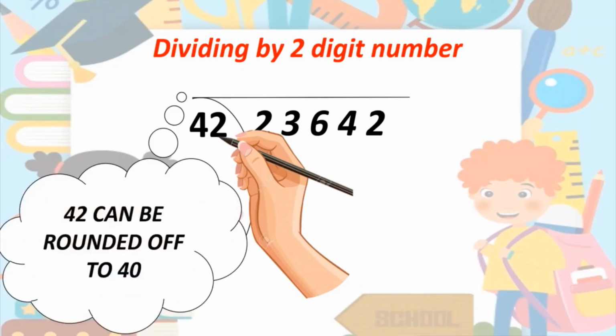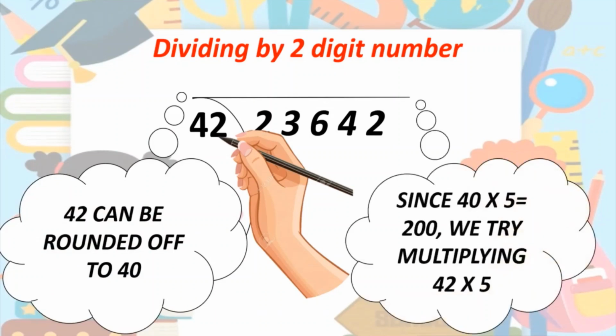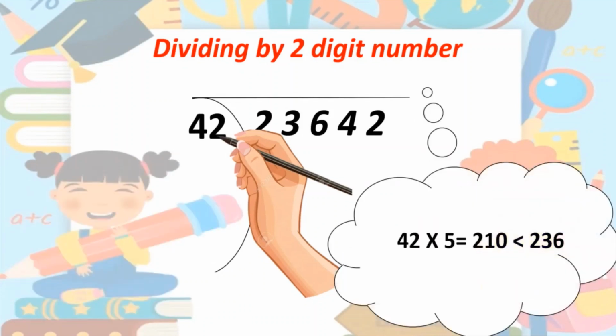We round off 42 to the nearest 10, which is 40. Now 40 times 5 is 200. So let us try multiplying 42 by 5, and the product that we get is 210, which is less than 236.